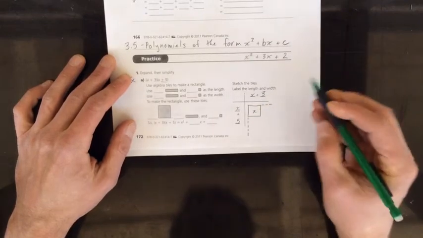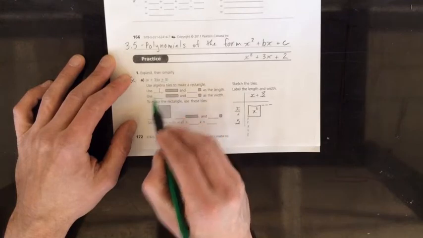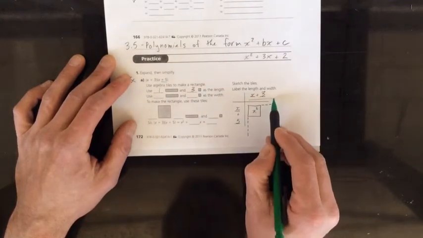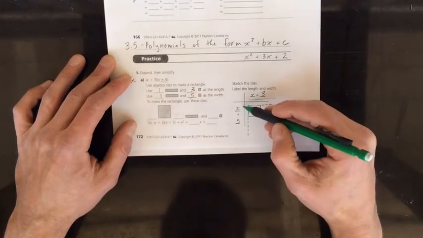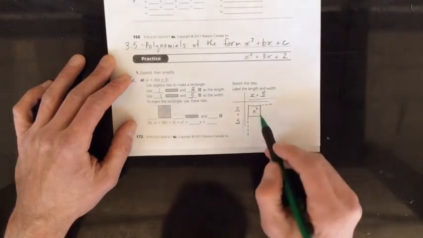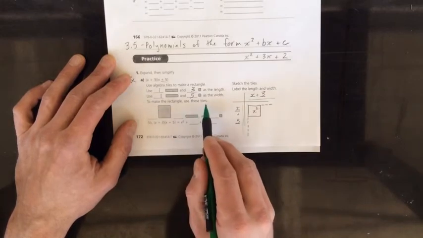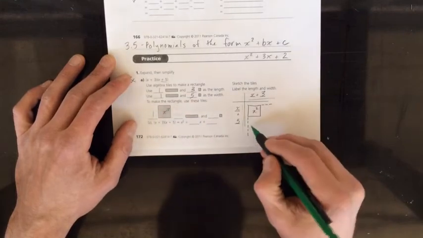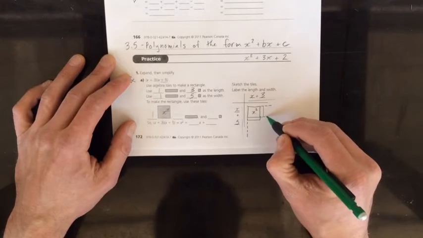So we used 1 x and 3 singles for the length, and 1 x and 5 singles for the width. What is created by the length and the height is an x squared. So this x and x make an x squared. So to make the rectangle, we use these tiles. 1 x squared. To fill these in, we'll take a bit more work.